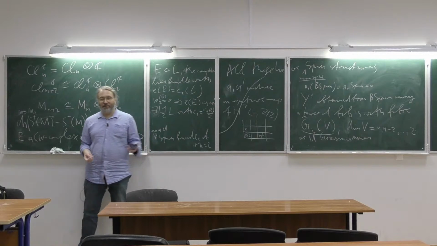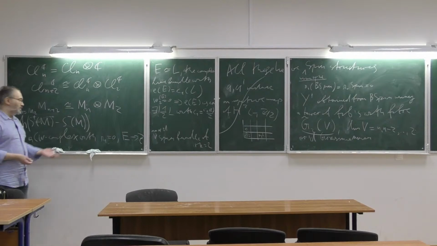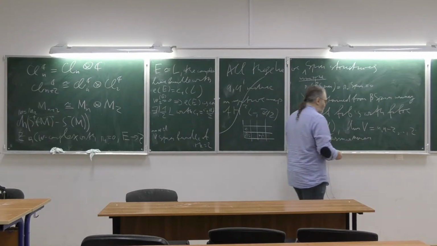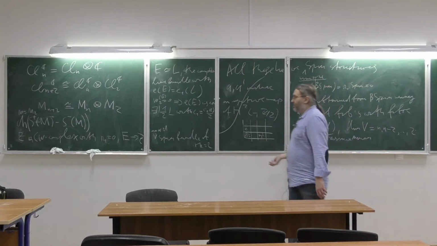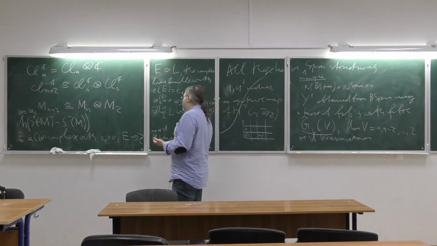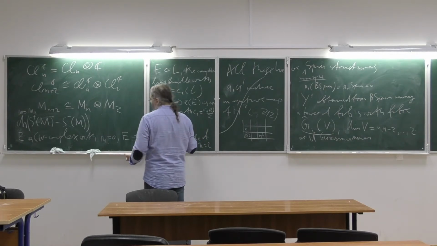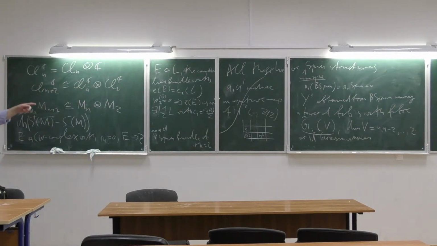So there exists a unique bundle which I denote 1/2 L, and it's unique with the property. It's the unique bundle such that the first Chern class of this bundle is 1/2 the first Chern class of L.